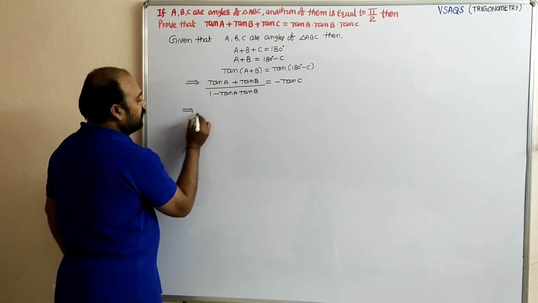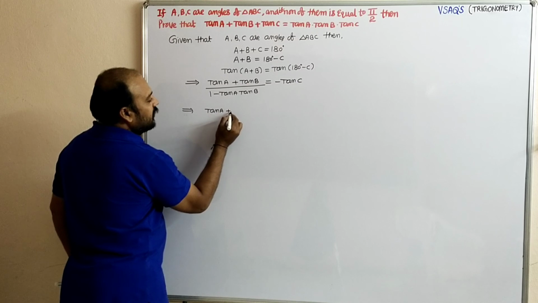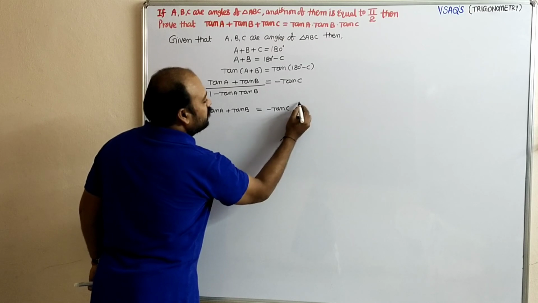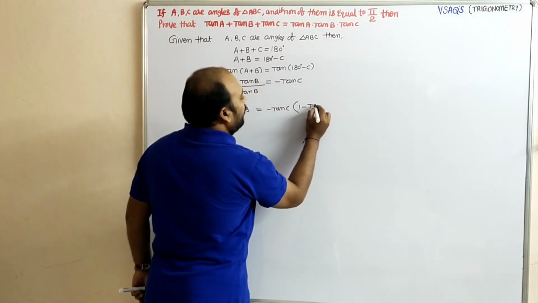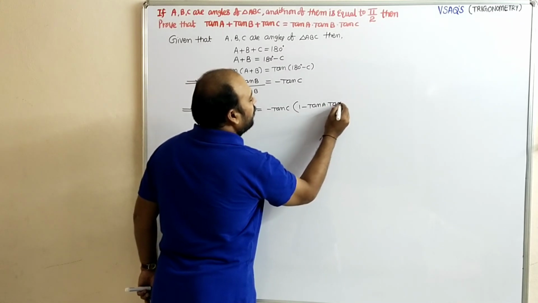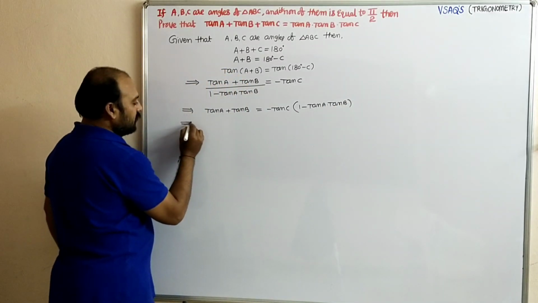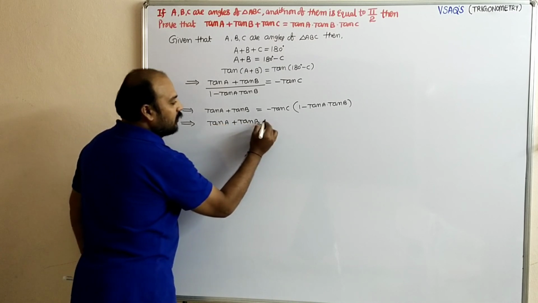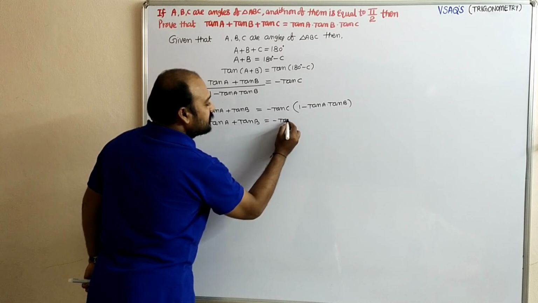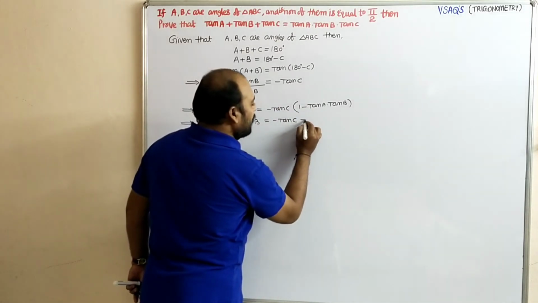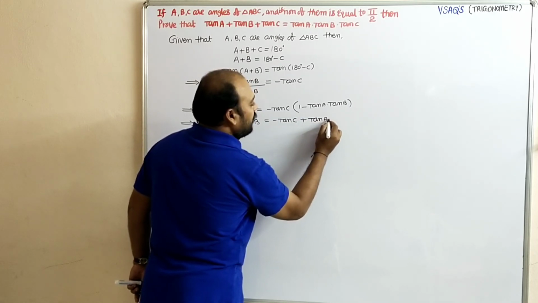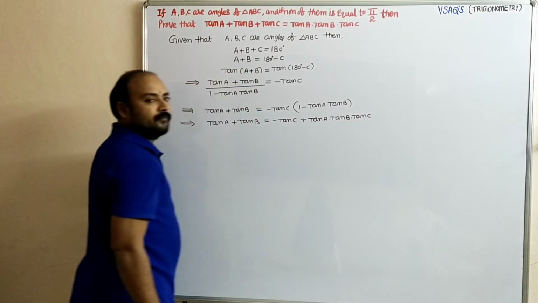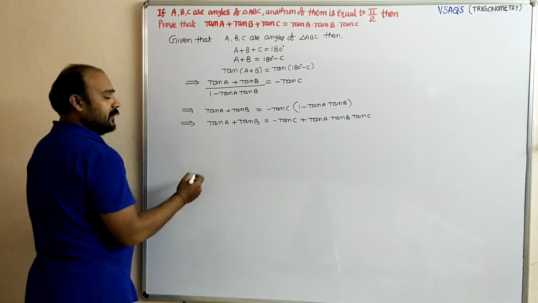So cross multiplying, tan A plus tan B is equal to minus tan C into 1 minus tan A into tan B. That implies tan A plus tan B equal to minus tan C, and minus into minus is plus tan A into tan B into tan C. So minus tan C we can take to the LHS.